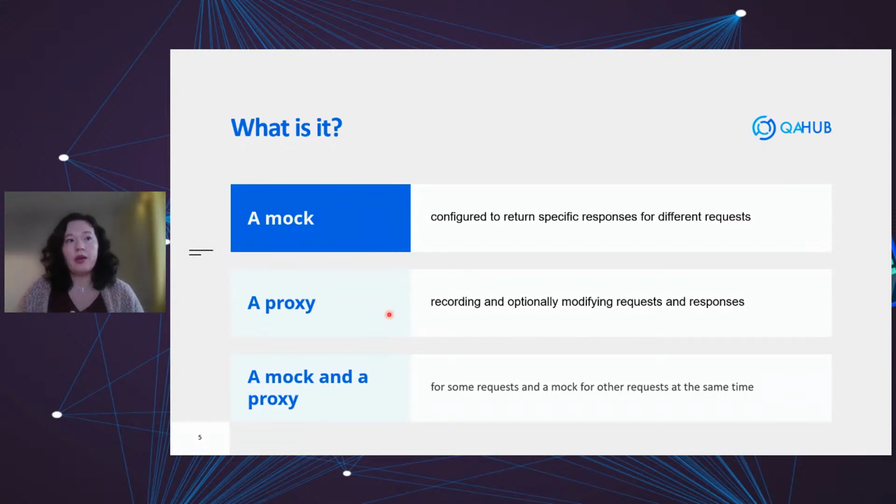In the example that I'm going to show you today, we actually use the mock server a little bit as a mock and a little bit as a proxy in the simplest way, but I will also show you an example of how it can be used as a proxy.